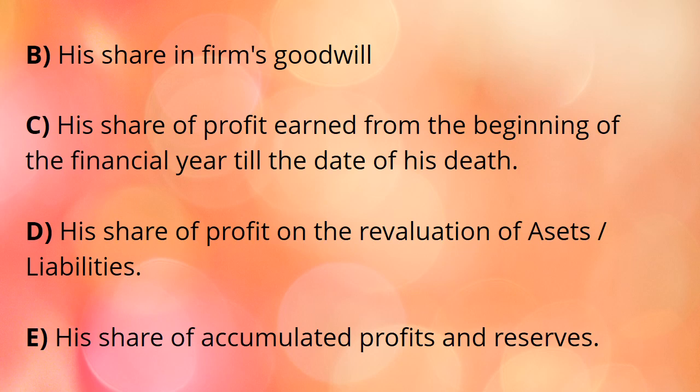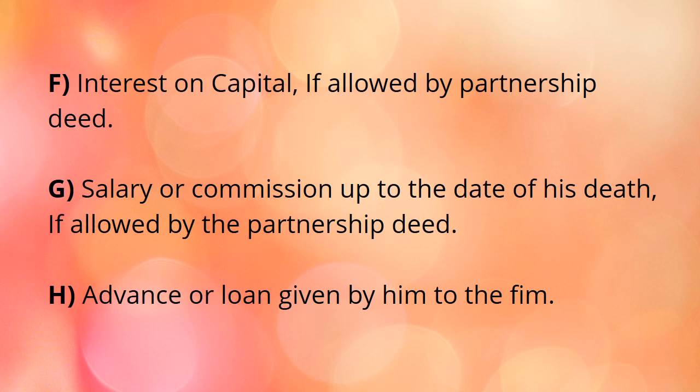D number, his share of profit on the revaluation of assets or liabilities. E number, his share of accumulated profits and reserves. F number, interest on capital if it is allowed by the partnership deed. G number, salary or commission up to the date of his death if allowed by the partnership deed.